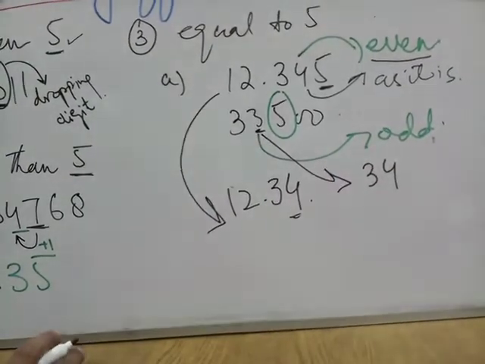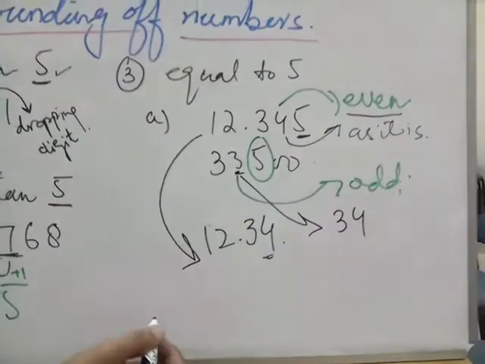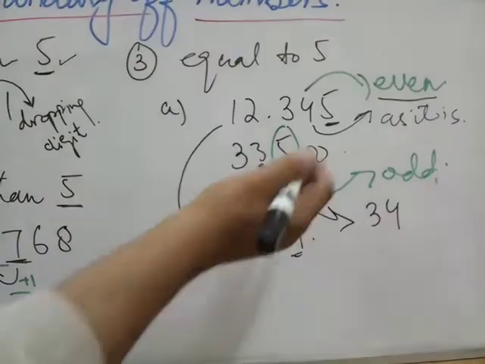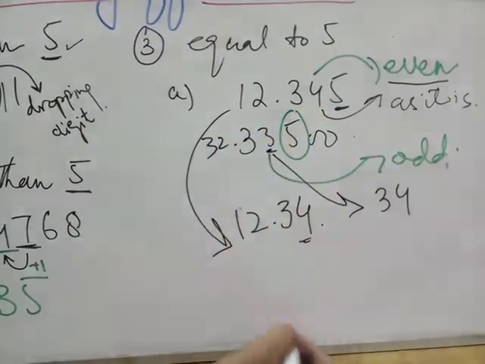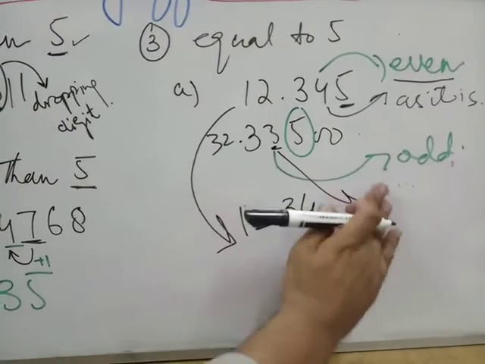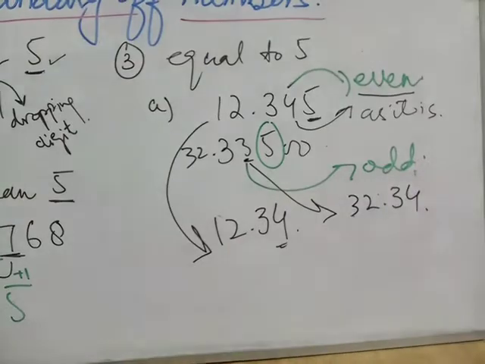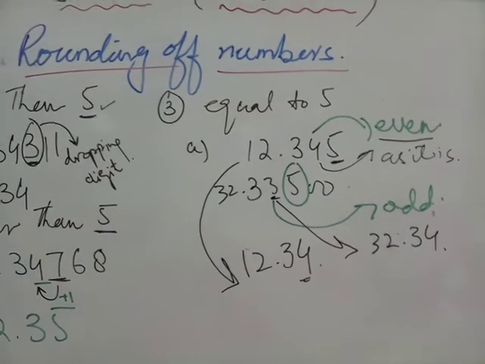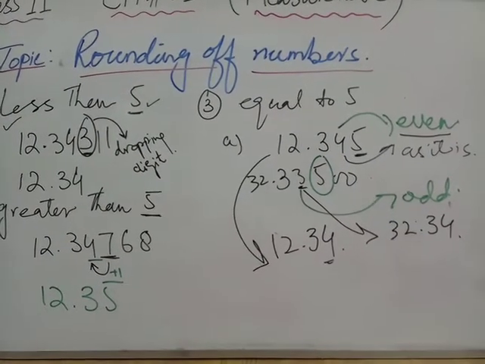Like if this is 32.335, or 32.3350, it becomes 32.34.